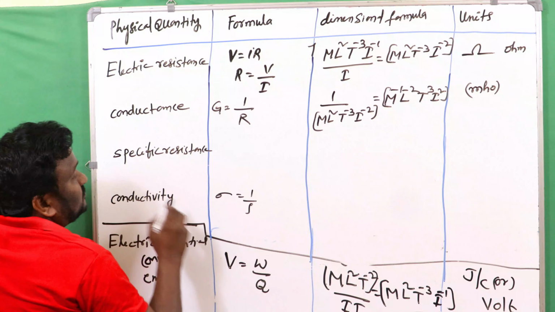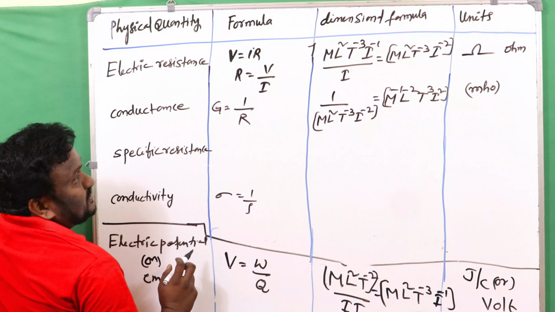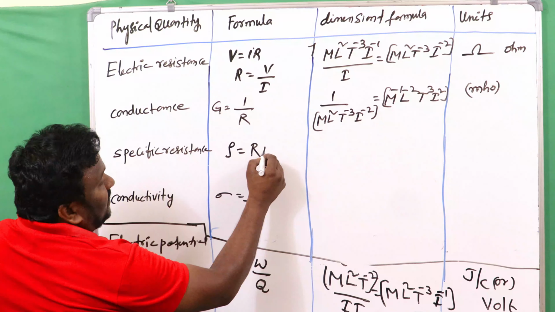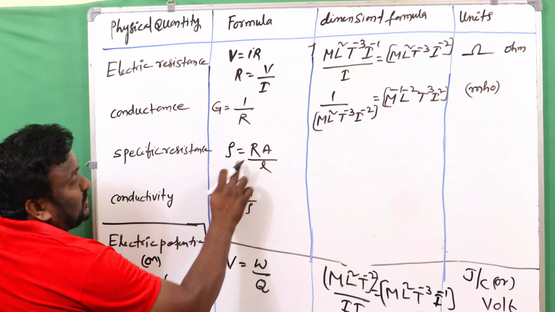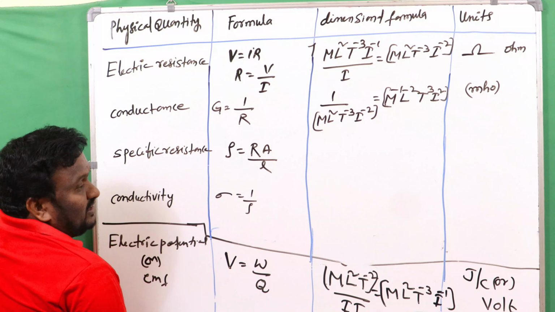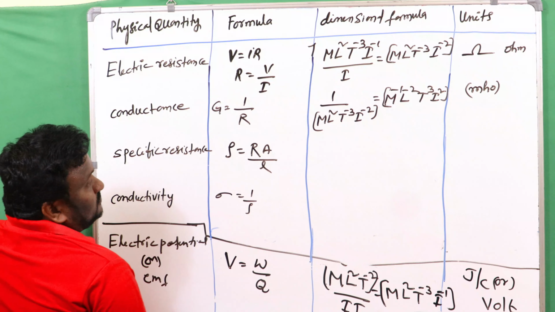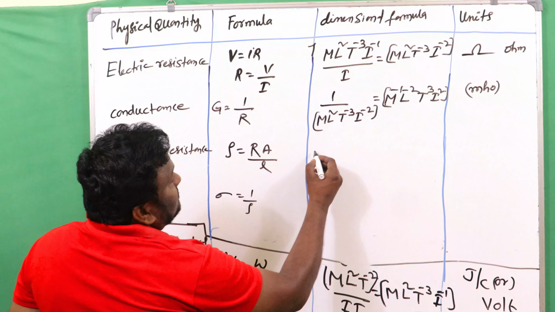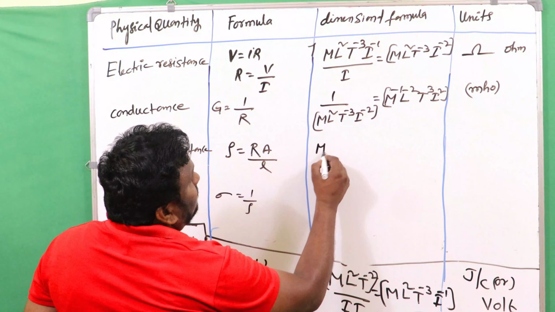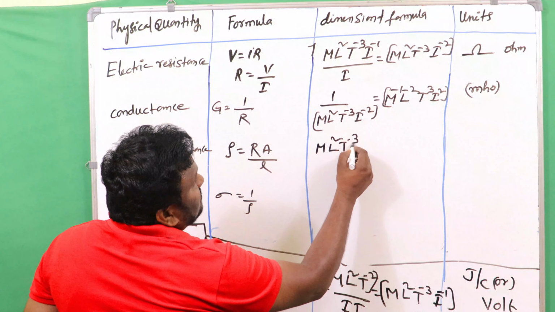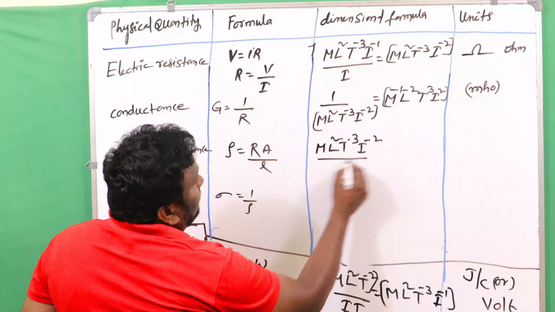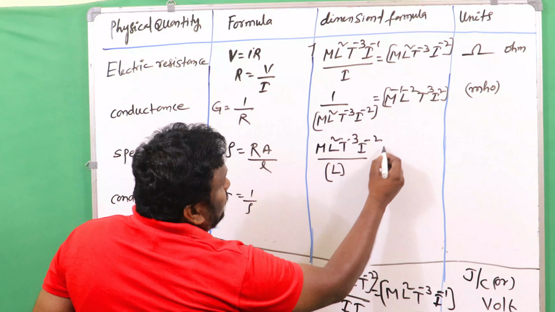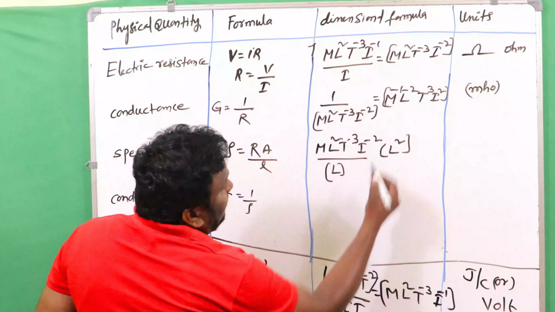And next one, specific resistance. Rho is equal to RA by L. R is the resistance, which is ML² T⁻³ I⁻², divided by length L, and A means L².